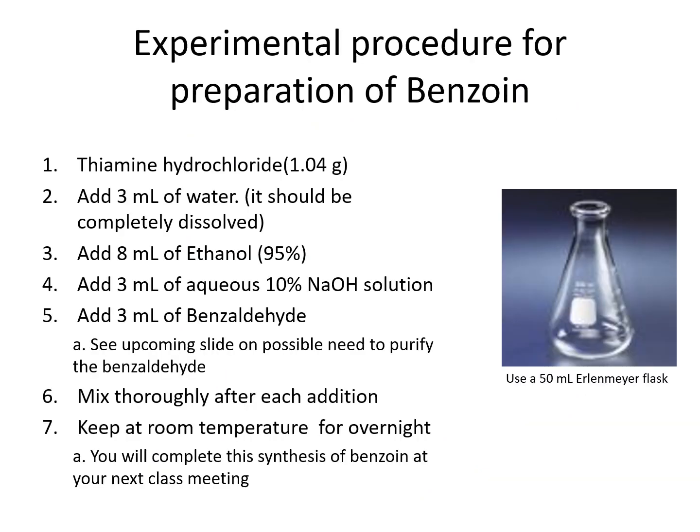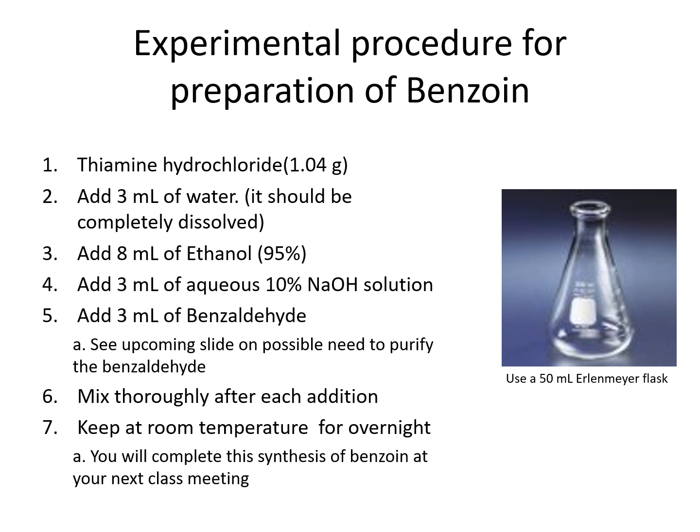So in the experiment we'll be using a clean and dry Erlenmeyer flask, and to that we'll add 1.04 gram of thiamine, the catalyst, and 3 milliliters of water, followed by 8 milliliters of 90% ethanol.